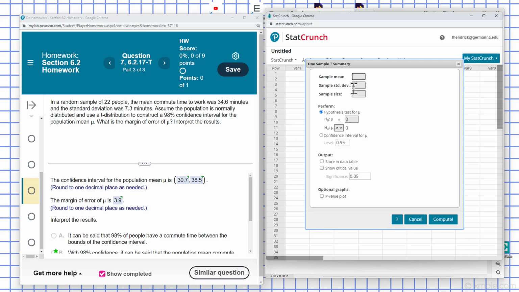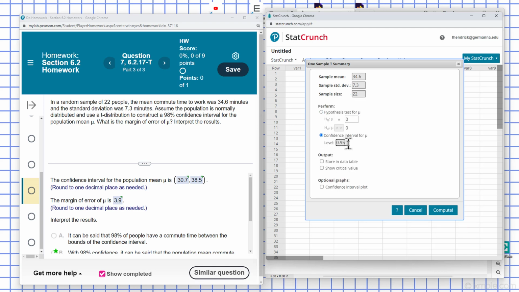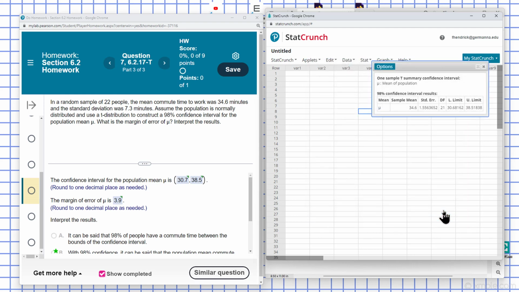The sample mean was 34.6. Standard deviation, 7.3. Sample size is 22. Give a confidence interval for 98. You get compute.